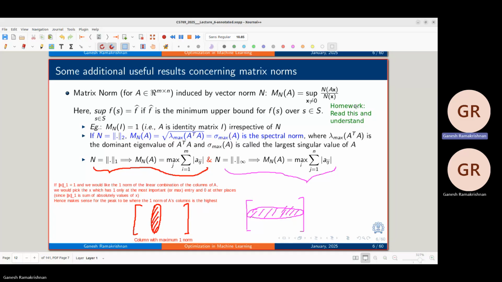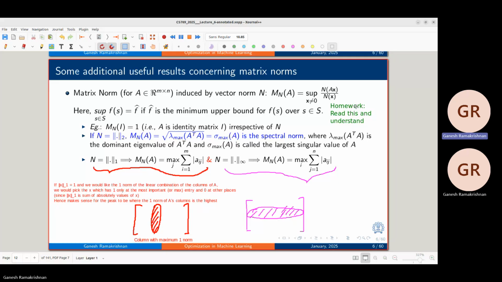If the sum of absolute values should not exceed 1, I'll put all my value in the component for which the column has the highest one norm.